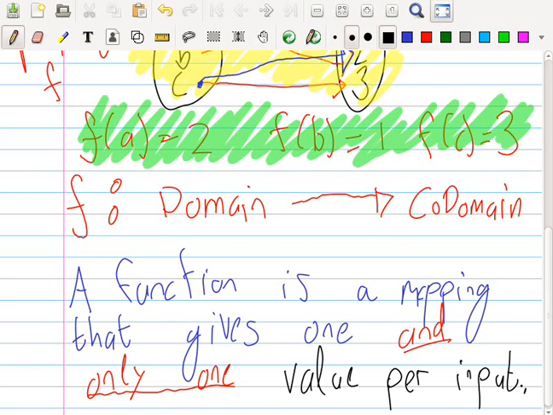So this is the key difference between a function and a mapping. With a function, you must only get one value per value you put in. You can't get two values back.